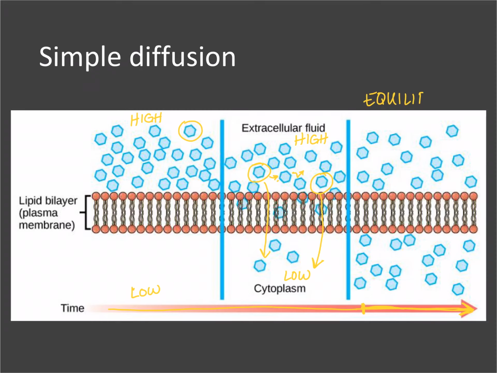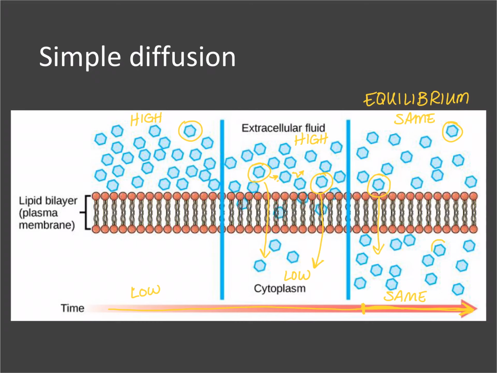And so those molecules are going to stop moving across the cell membrane. Now, they're not going to stop completely, but we're going to end up with a one-for-one exchange, meaning that for each one of these molecules that moves across the cell membrane in one direction, a molecule is going to move in the other direction as well.